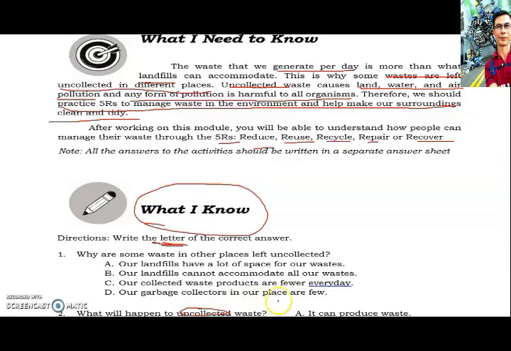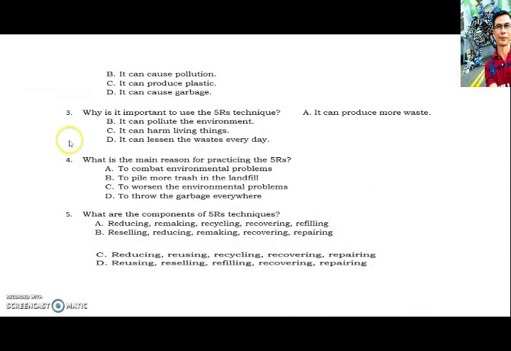Number three, why is it important to use the 5 R's technique? And number four, what's the main reason for practicing the 5 R's? Kailangan natin practicing 5 R's. And number five, what are the components of the 5 R's techniques? Ano ba yung mga pamamaraan ng 5 R techniques?